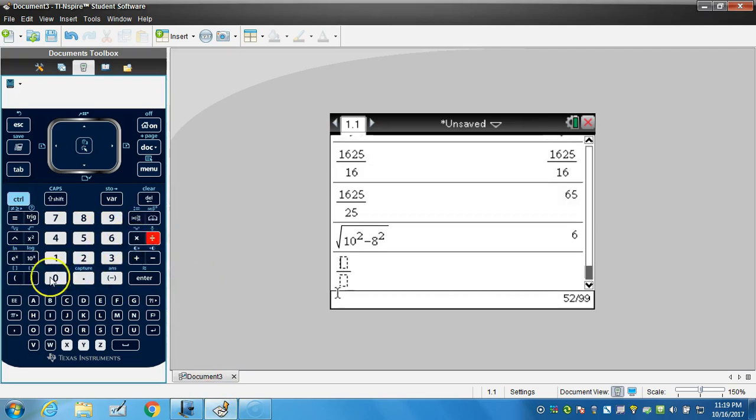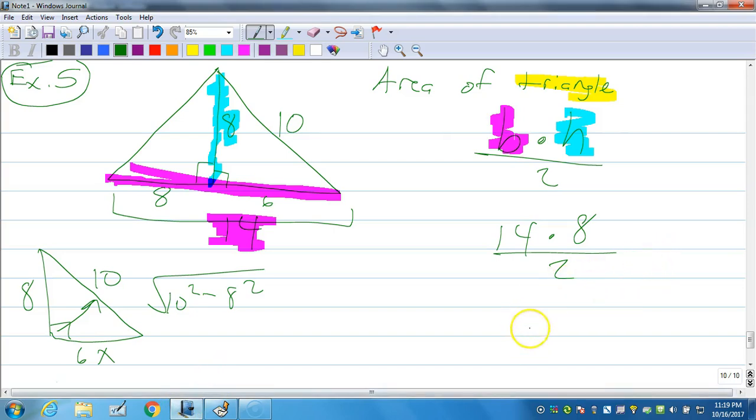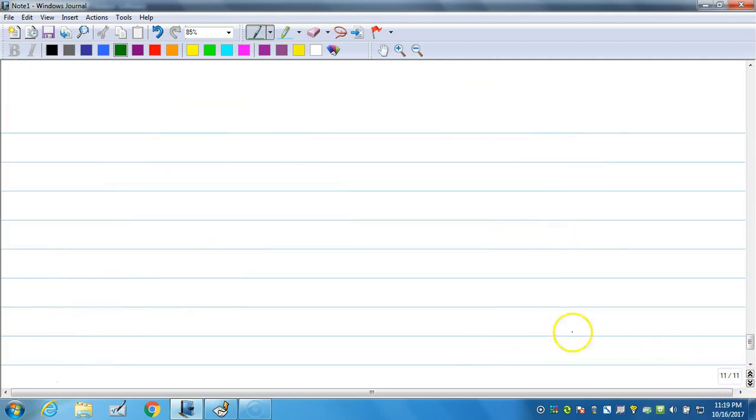Don't be lazy. 14 times 8 divided by 2, 56. And then the next example will have decimals, and everyone can use decimals, so yay! Hip hip hooray for decimals.